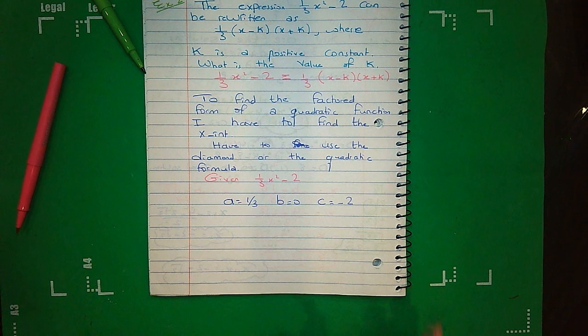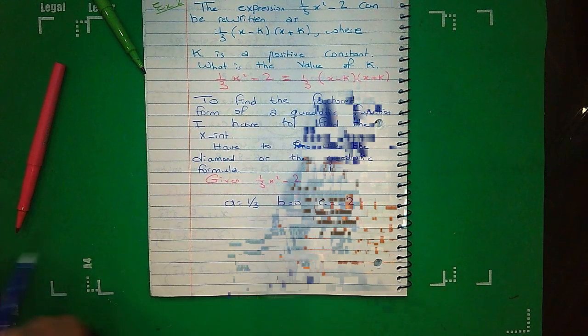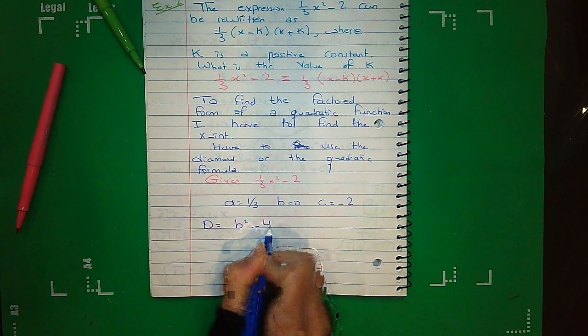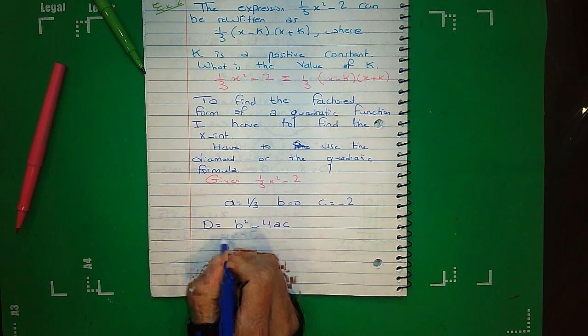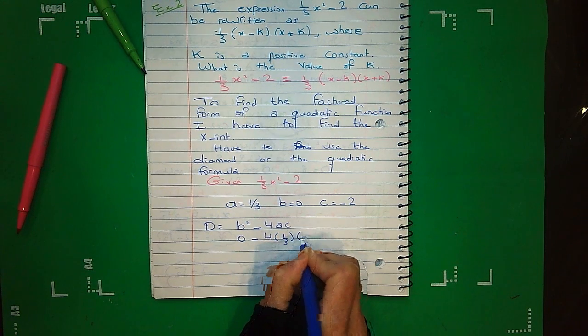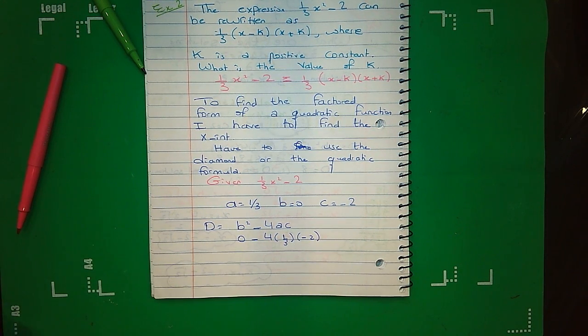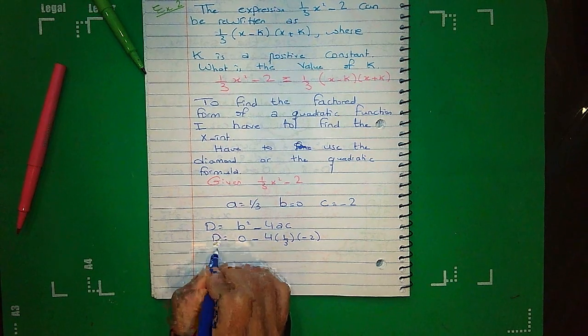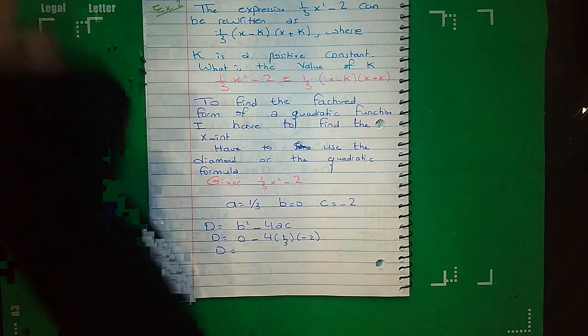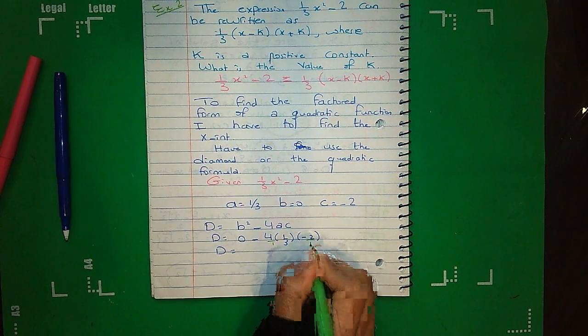We should know that we're going to have two real numbers, which means the discriminant is going to be greater than 0, because I have two factors here. So let's prove this. The discriminant is b squared minus 4ac. The b is 0, minus 4 times 1/3 times negative 2. So we do the top by top and bottom by bottom.